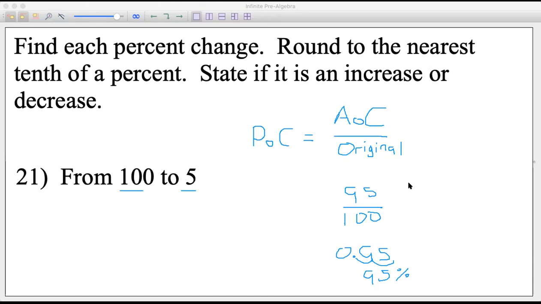These can be a bear because it's a fraction. You have to do some long division. What were you saying, Danny? There's only subtraction and division in this problem.